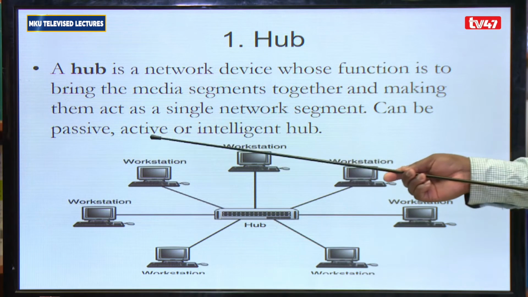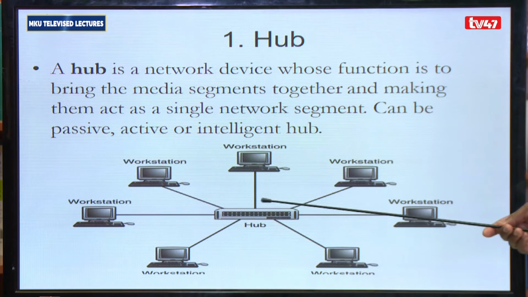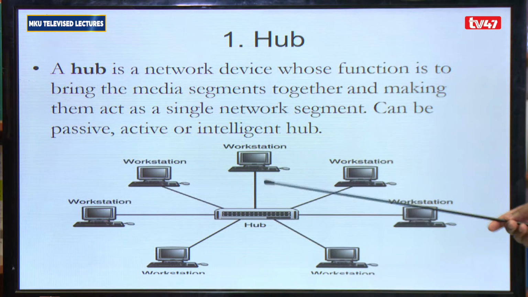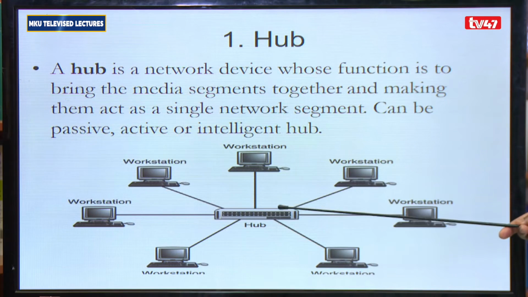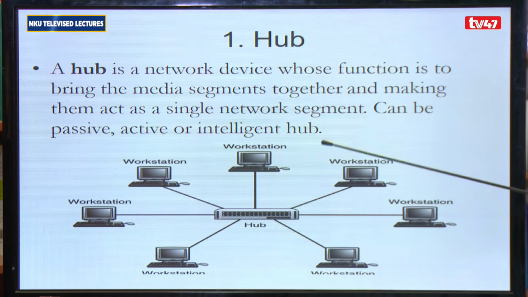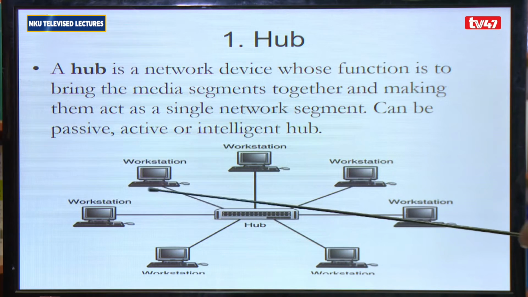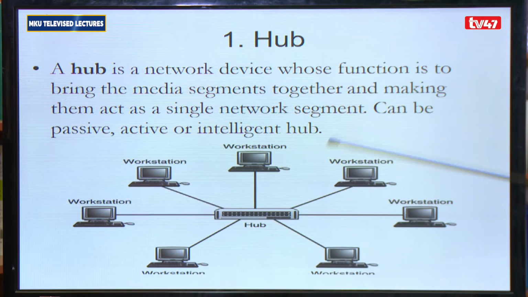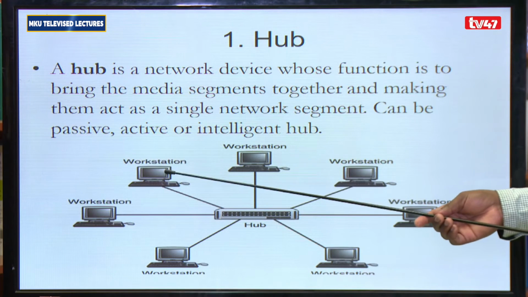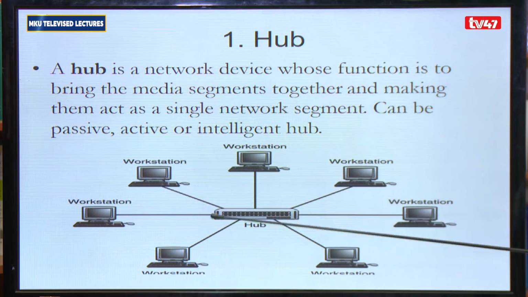But the active hub will pick the signals, amplify them or regenerate them, then broadcast to all the computers that are connected to this particular hub. But only the computer whose destination address matches its address is going to decode that message.